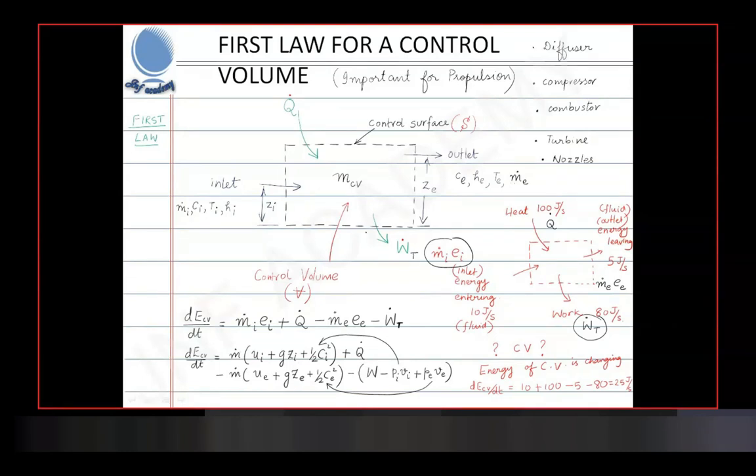Okay, it's being broken into every work except the flow work. So all the other components of work, for example, it can be shaft work, it can be displacement work. Any work other than flow work is put as W, and the flow work I'm going to separate. And because they relate to the inlet and outlet, I'm going to add the flow work terms to the inlet and the outlet. Okay, so let me go to the next page.